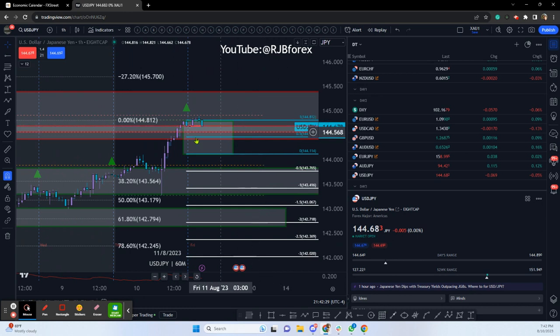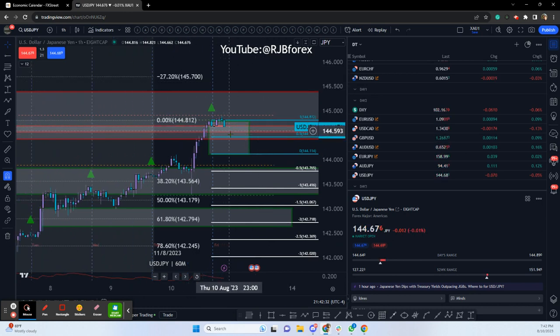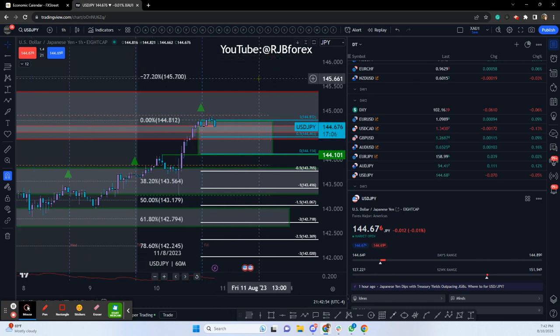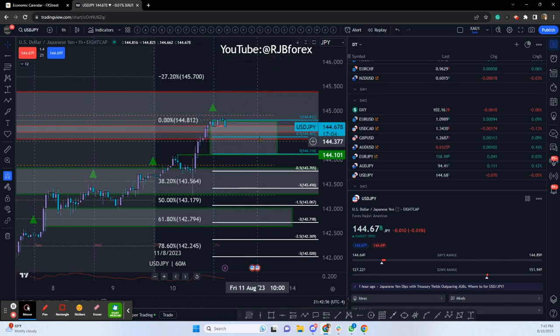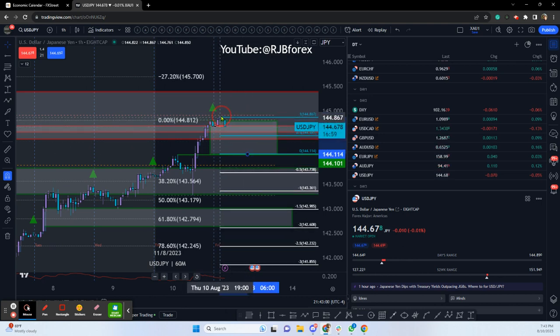Now, I'm in anticipation of a move down to retest these highs, and in doing so, we'll be forming a box. This box here, the price coming in, potentially consolidating, do whatever it's going to do over the next session or so, but we will be in a box, and should put a high on that.